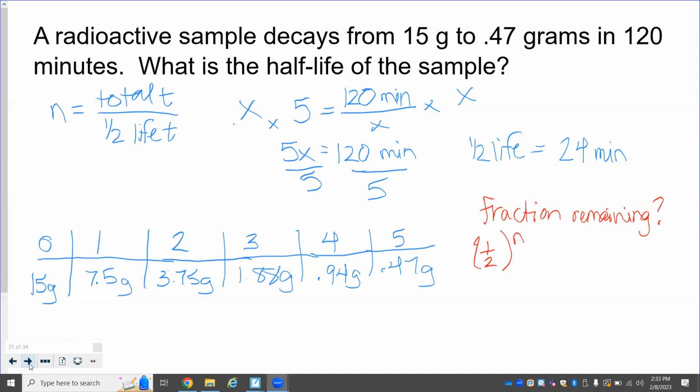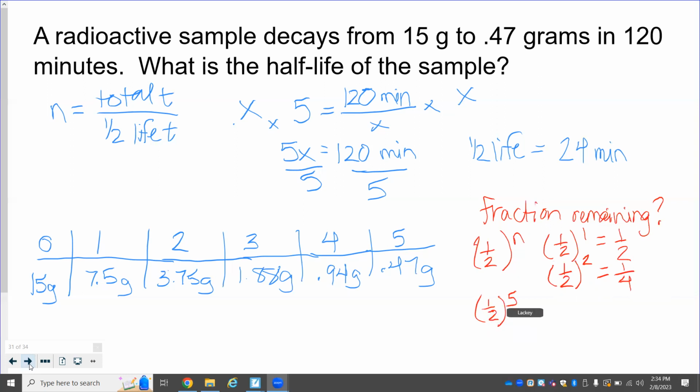So if we go through 1 half-life, that is 1/2 to the first, which is just 1/2 is the fraction that remains. If we do 2 half-lives, 1/2 squared, 1/4 of the sample remains. So in this instance, we can do 1/2 to the 5th.